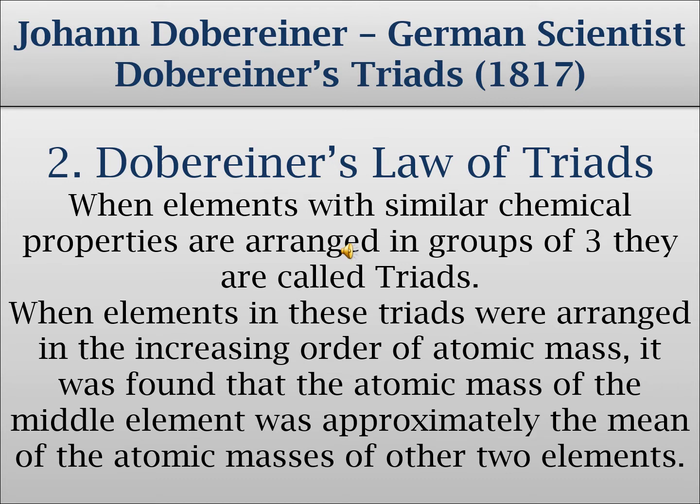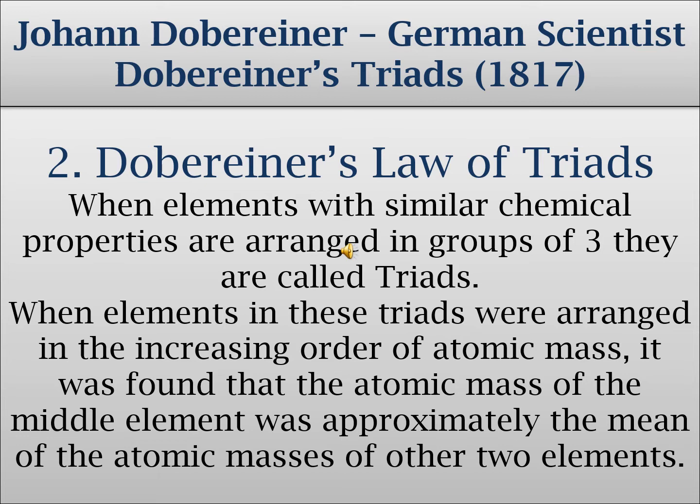The 3 elements he selected were similar in chemical properties, and so he made groups of 3 such elements which had similar chemical properties. Then how did he arrange those 3 elements? He arranged those 3 elements in increasing order of atomic mass.